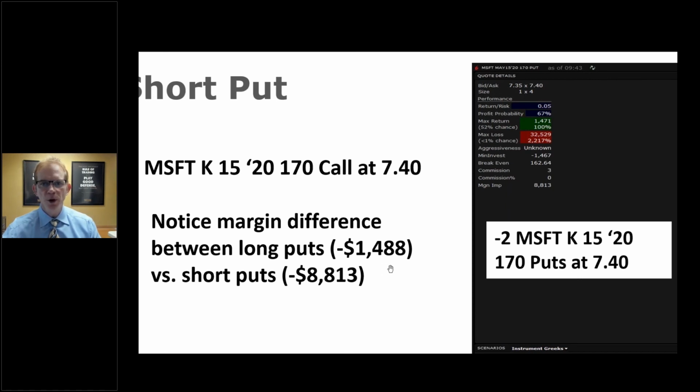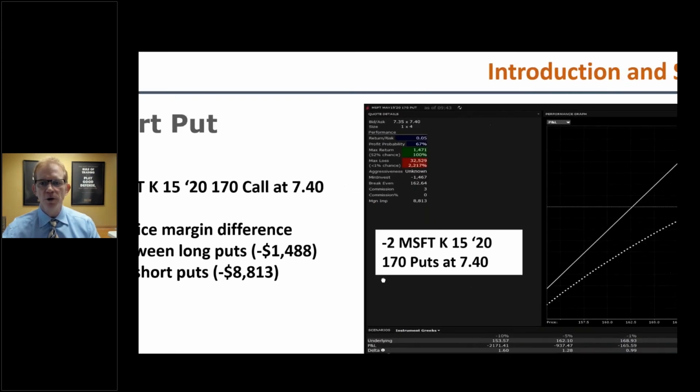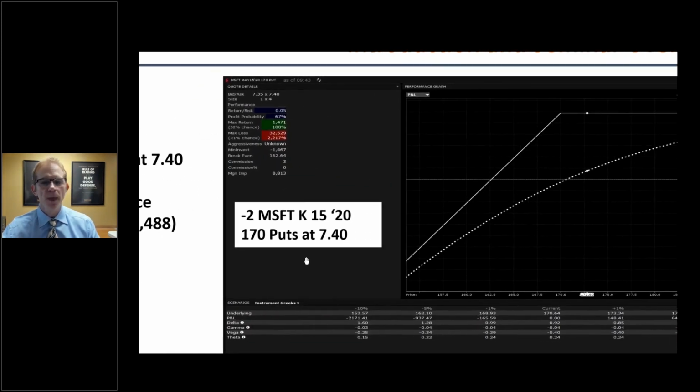But to sell the same put, we have to put up $8,813. So this is actually, it was 5 times more for the call, but this is actually like 7 times more. It's 7.5 times actually. So we have to put up a lot more money to sell the put.